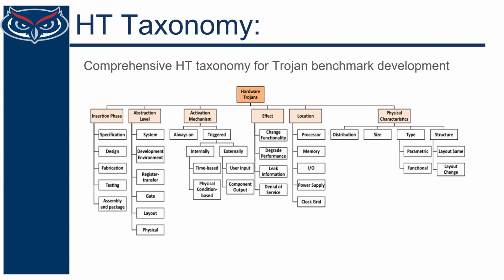In effect, Trojans can be characterized based on their effects. They may change a circuit's functionality, for example, by modifying the data path of a processor. Trojans can also reduce a circuit's performance or degrade its reliability by changing its physical parameters.